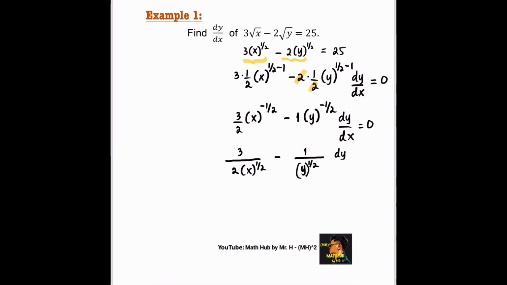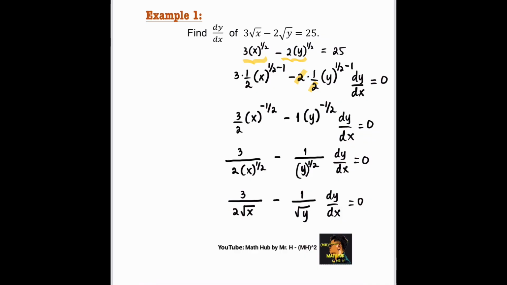Then you'll have dy over dx equals 0. And so we can still rewrite this. We'll have 3 divided by 2 square root of x minus 1 divided by square root of y dy over dx equals 0.